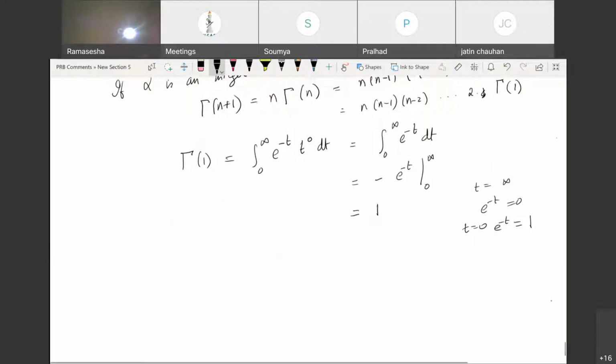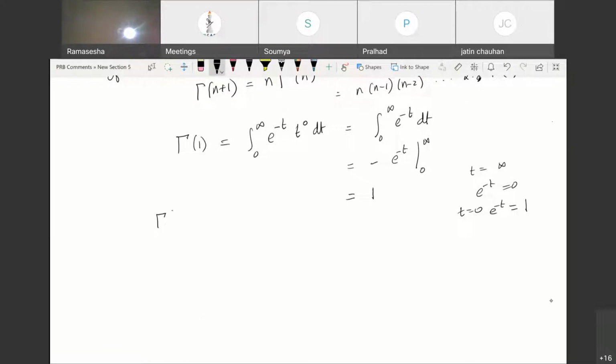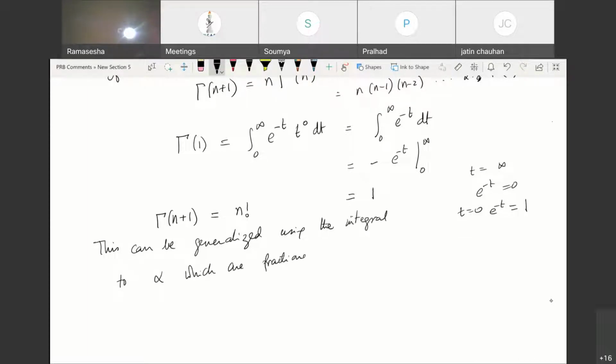So what I have, gamma of 1 is actually 1. Okay. So this can be generalized to alpha, which are fractional, which can be positive or negative, except for negative integers.